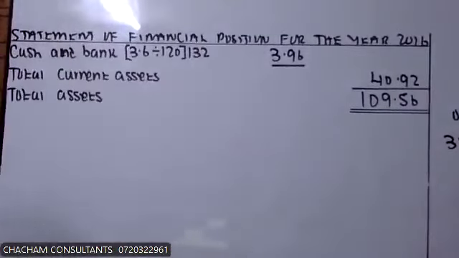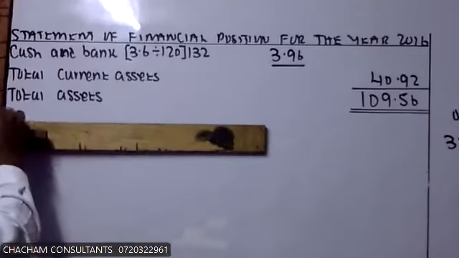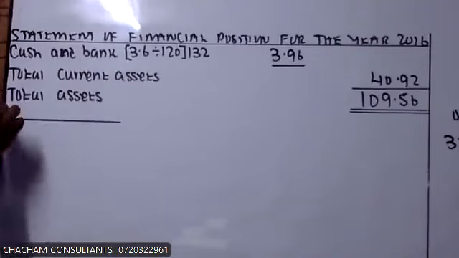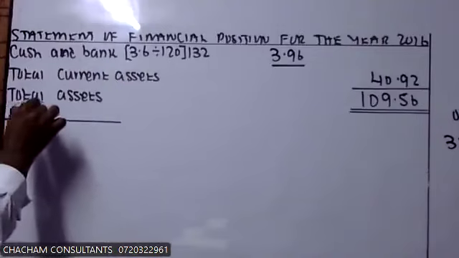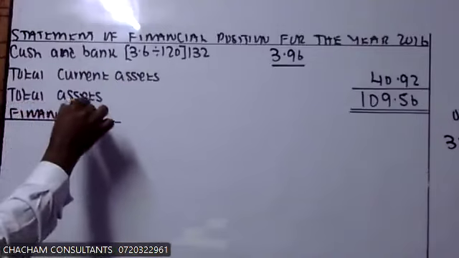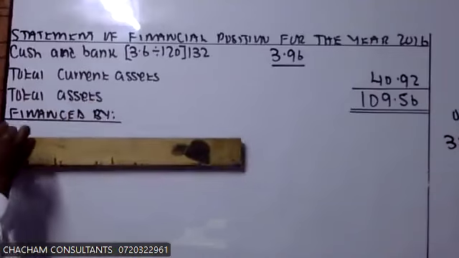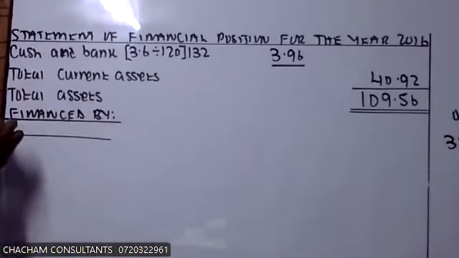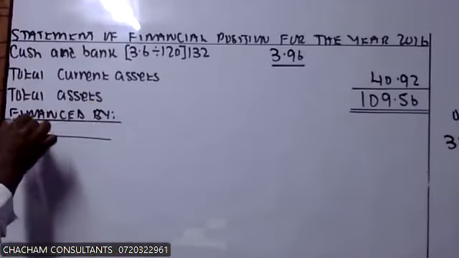Then we go to financed by. Financed by. We start with equity. Tuangalie kama kuna components of equity.